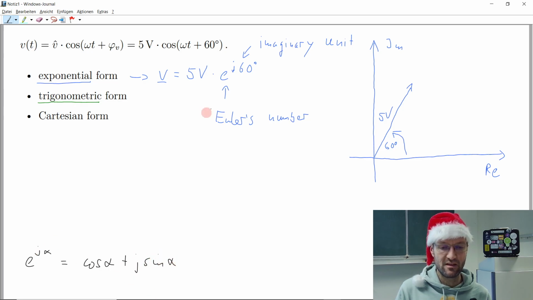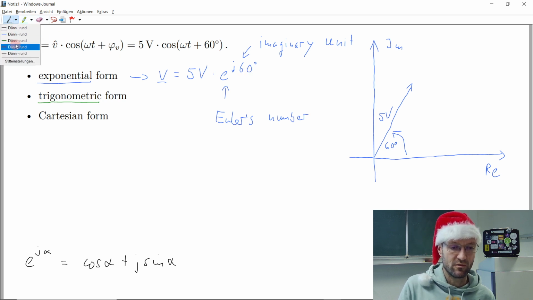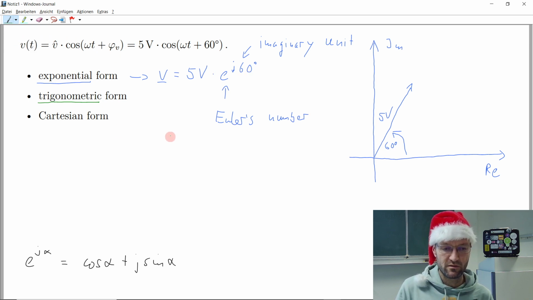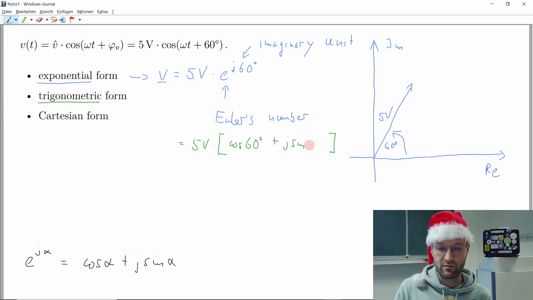And if we just take this and insert this into our equation, then I will continue in green. Then we get this trigonometric form, which is 5 volt, and then I maybe need to have some brackets, to say it's the cosine of 60 degree plus j, the imaginary unit, multiplied with the sine of 60 degree.